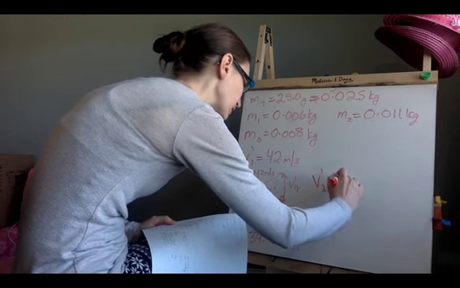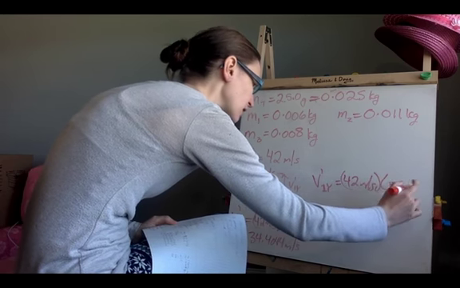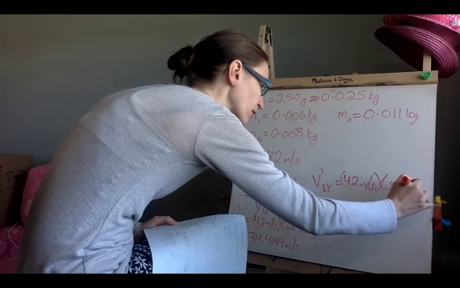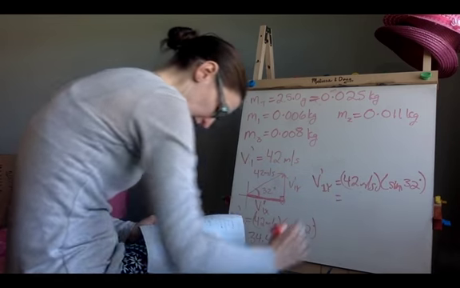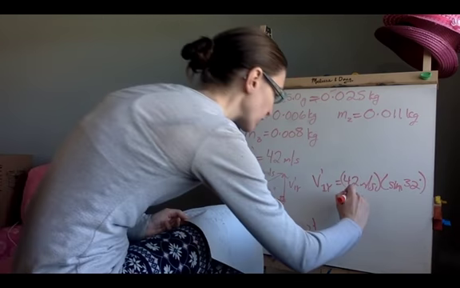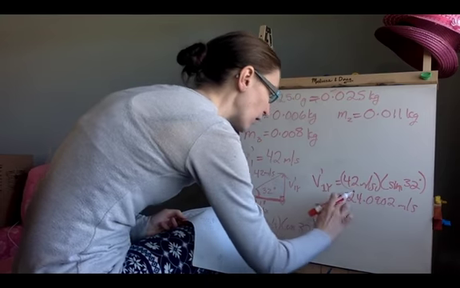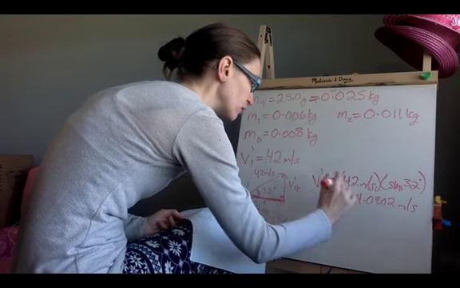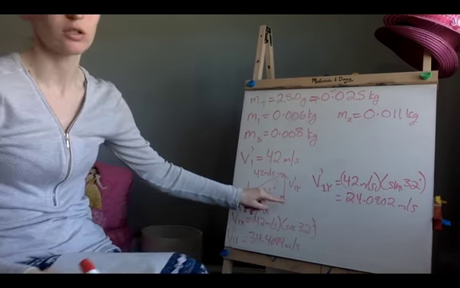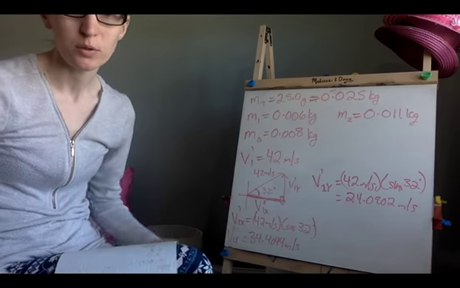So that would be the 42 meters per second multiplied by sine of 32 degrees, and that gives us a value of 24.0902 meters per second. Both of those would be positive, because we are still moving to the right and we're still moving up. So we would consider both of these still positive values.